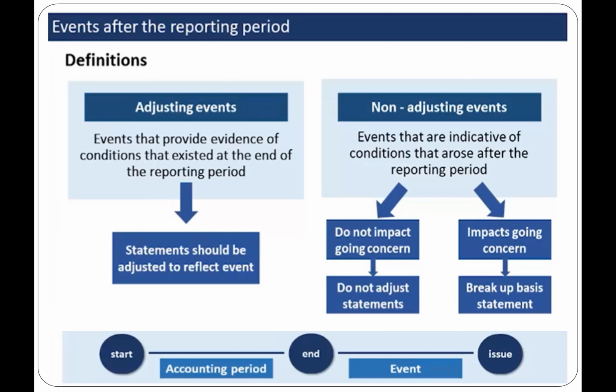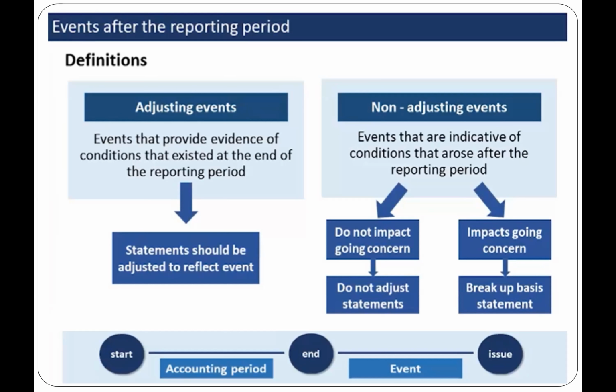Now we can take the non-adjusting events further to determine whether or not they are going to impact on going concern. You would remember from when you did your IAS 1 that there are two ways that we can prepare financial statements. We can prepare them on a going concern basis, which means we believe that our business is going to be in existence for the foreseeable future, and we are not expecting to close our business next year or the year after.